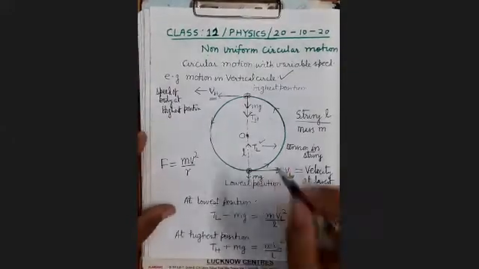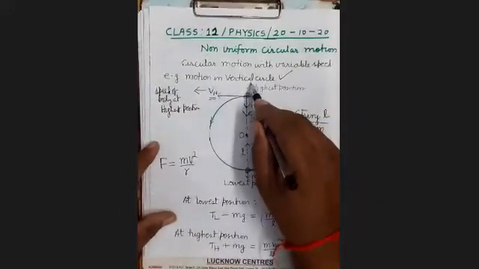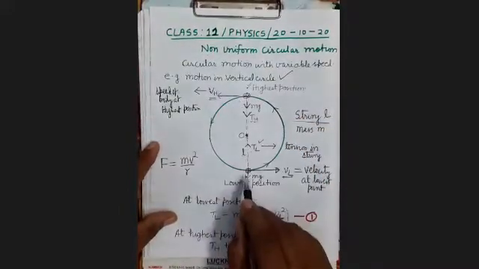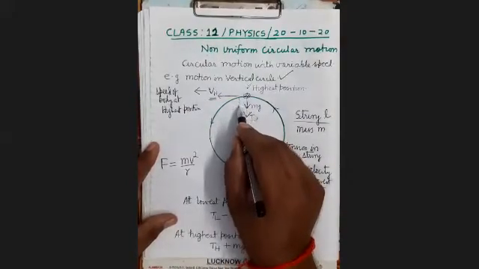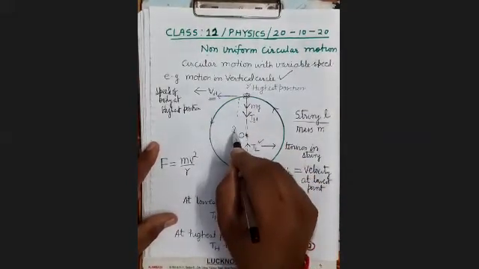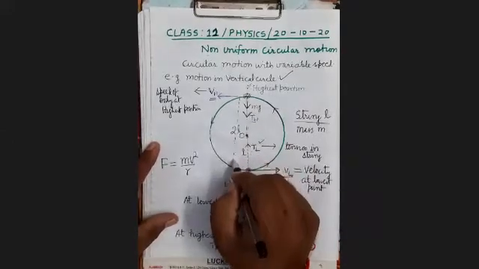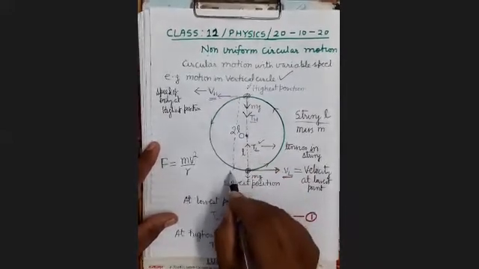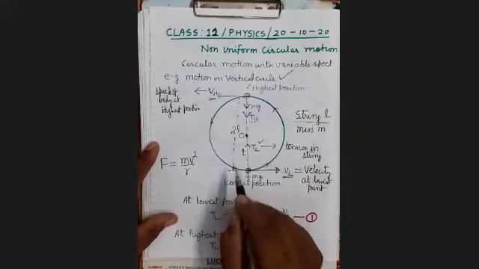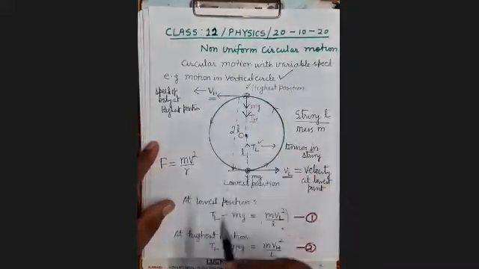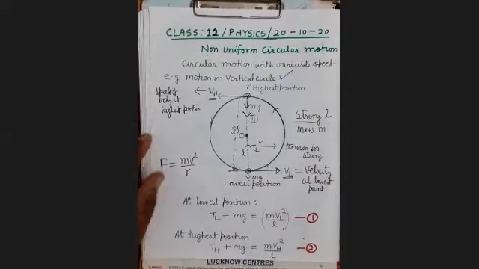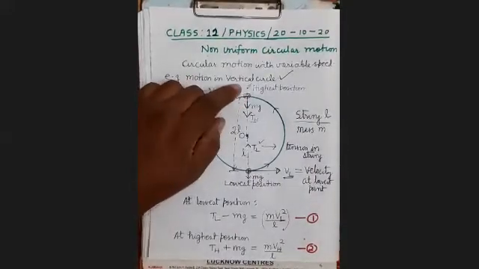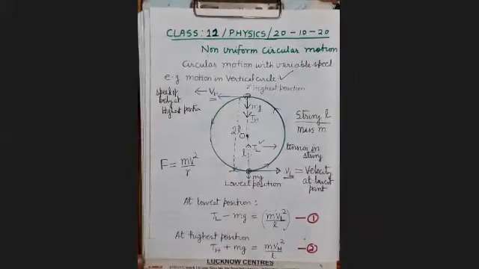Means we can say this highest position is at what height with respect to the lowest position? You can see here, total height will be 2L. The highest point is 2L height higher with respect to the lowest point.